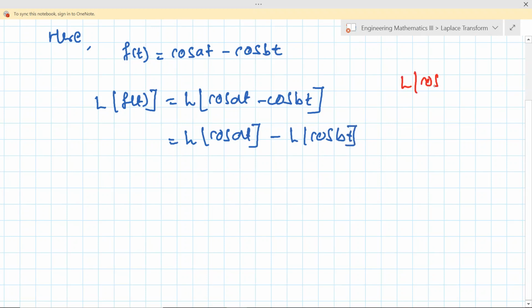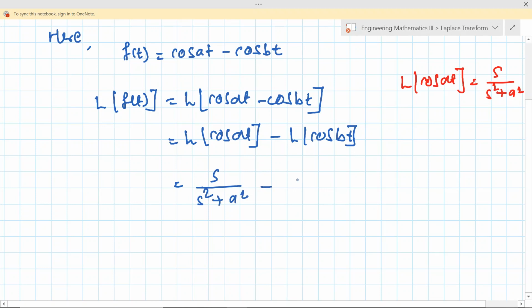Laplace of cos at is nothing but s upon s square plus a square. And therefore what is my answer here? This is s divided by s square plus a square minus s upon s square plus b square. This is the Laplace transform of my f of t, and simply this is nothing but our f of s.